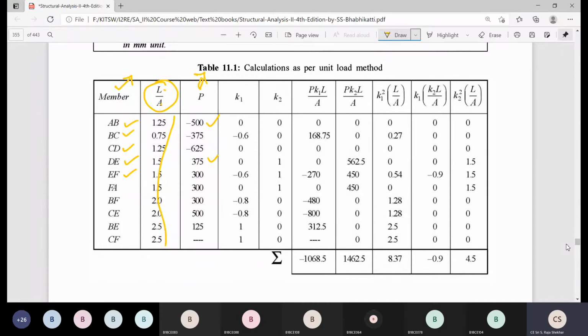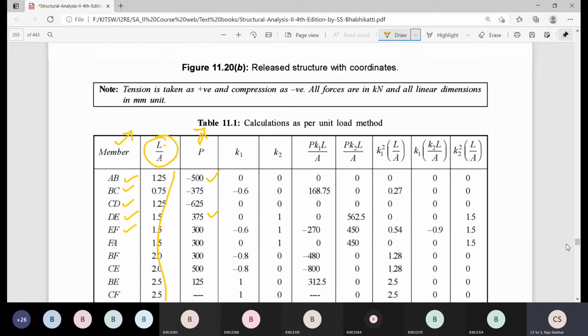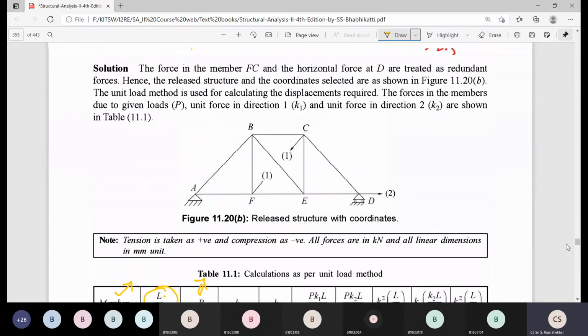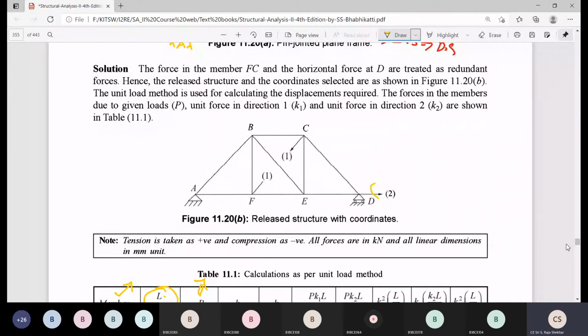So K1 will be, how to calculate K1? K1 is, if you apply, just remove the unit force at coordinate direction 2, and just apply a unit force in coordinate direction 1. We gave a unit force in coordinate direction 1. Just applying the unit force in the coordinate direction 1, by using method of joints or method of sections, calculate the forces developed in all these members.